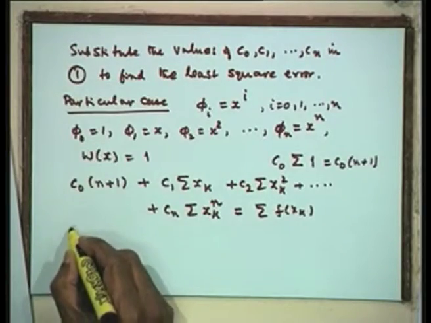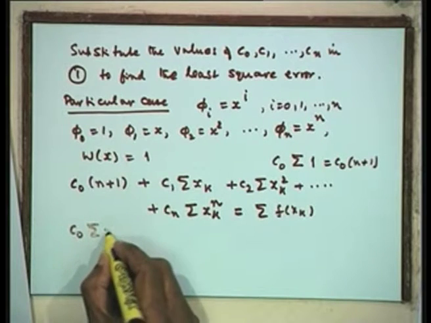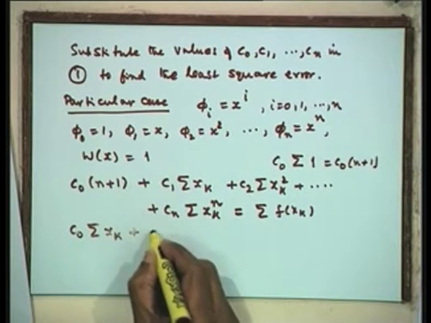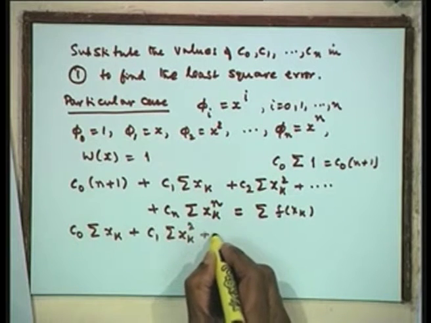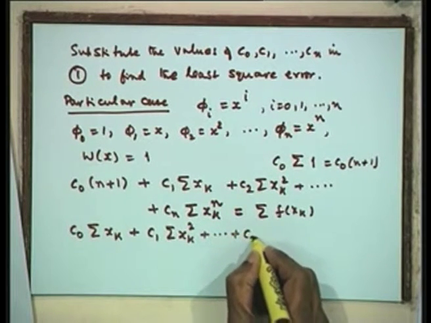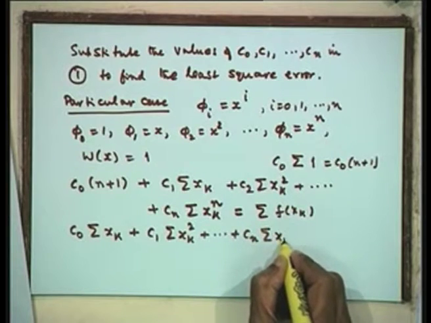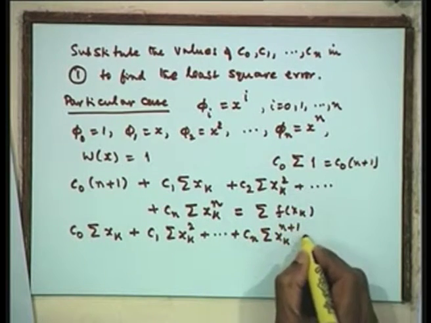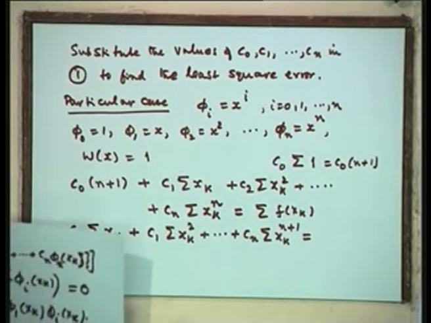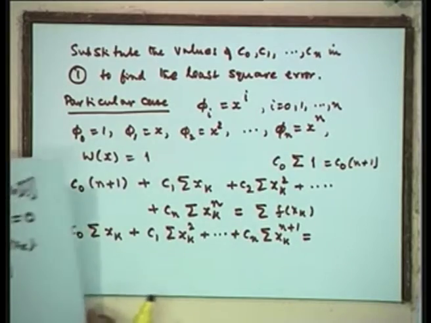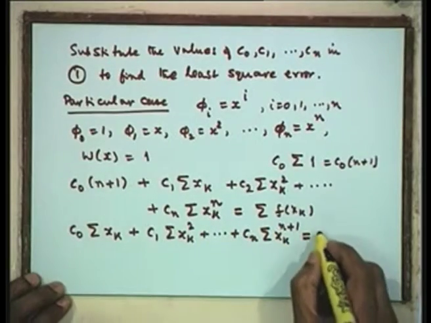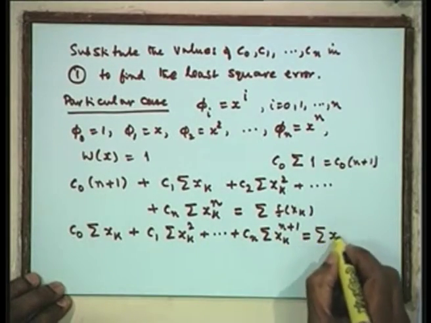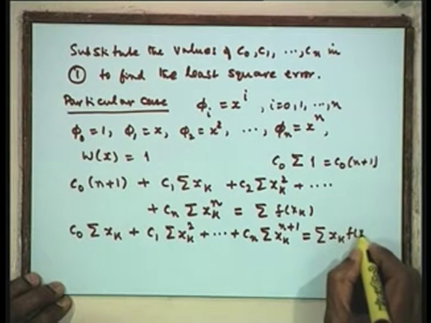Therefore, the next term will be C naught summation x k plus C 1 summation x k square plus so on, C n summation x k to the power of n plus 1. On the right hand side, we have phi i, that is phi 1, that is x. Therefore, I will be multiplying by x k on the right hand side. This is your x k f of x k.